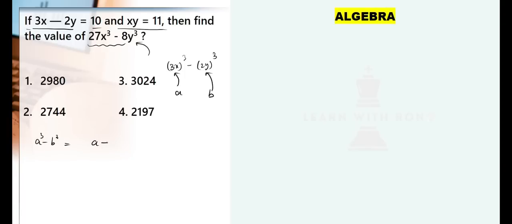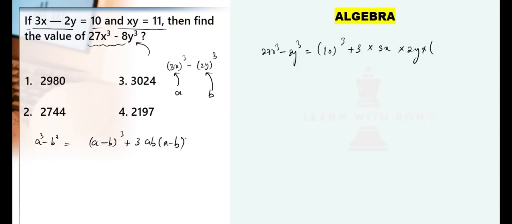We have a minus b whole cube plus 3ab times a minus b only, right? So see here, a cube minus b cube means 27x cube minus 8y cube equals a minus b, 3x minus 2y, value 10, 10 cube plus 3 times a, how much here? 3x, and b, how much here? 2y, times a minus b, value again 10.